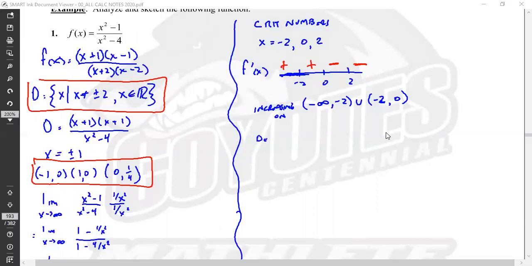It is decreasing, same sort of thing. We need to break this into two intervals of decrease, decreasing from 0 to 2, union decreasing from 2 to positive infinity.